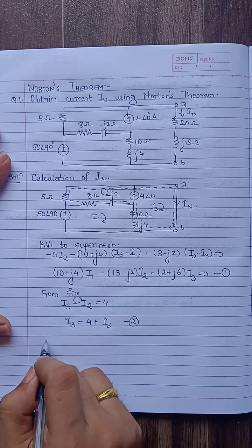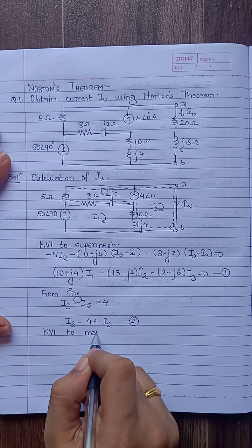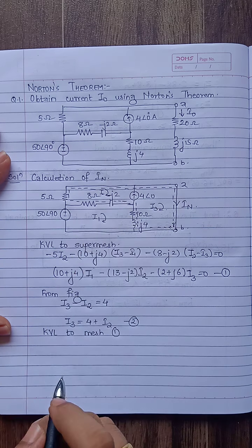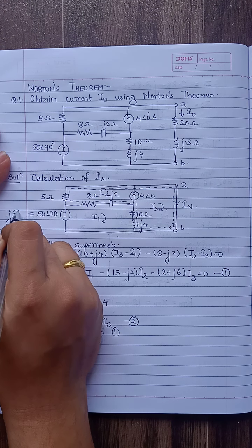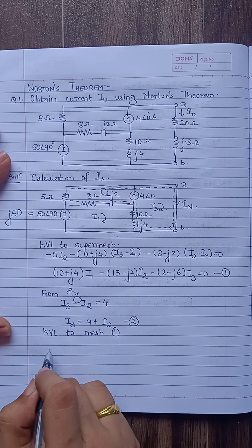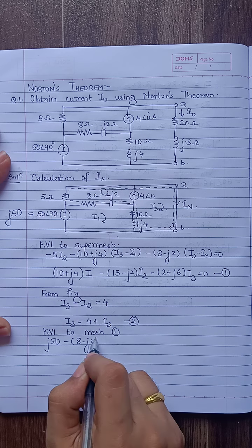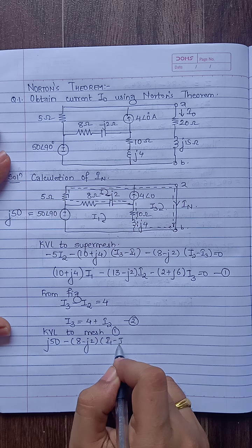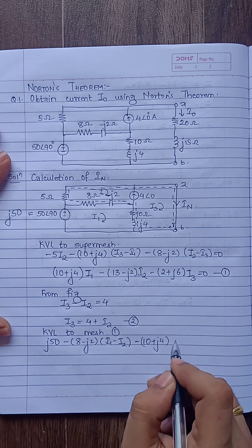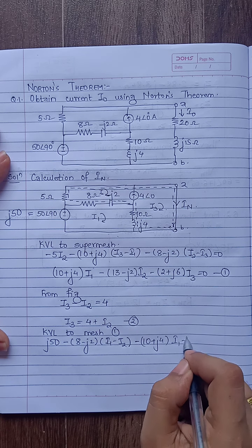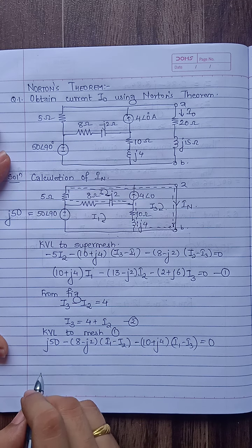Then KVL to mesh 1, that is this. It will give me, this is nothing but J50. So I can say J50 minus (8 minus J2) into (I1 minus I2) minus (10 plus J4) into (I1 minus I3) equals 0.